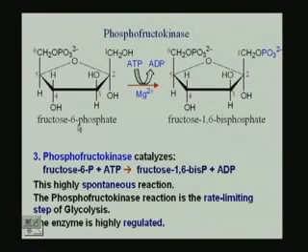That's it. Okay. So, you have fructose 6 phosphate that is going to form fructose 1,6 bisphosphate, and this process is actually highly spontaneous, and this phosphofructokinase reaction is the rate limiting step of glycolysis.